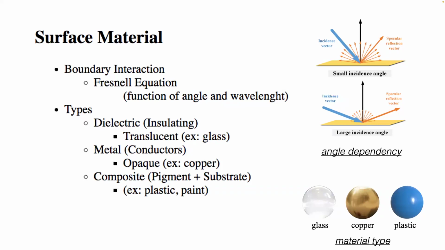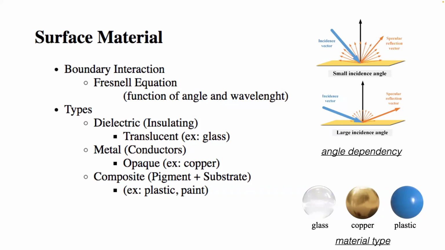Then we have three basic types of materials. We have the dielectric materials that are insulating and translucent in general, like glass and others. Then you have the metals that are conductors, and in general they are opaque, like copper and other metals. And then you have composite types, like some pigments.